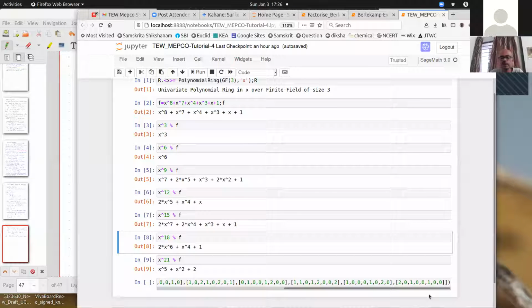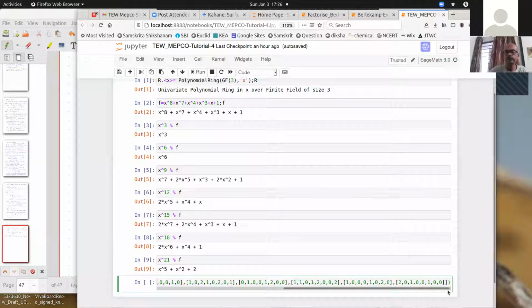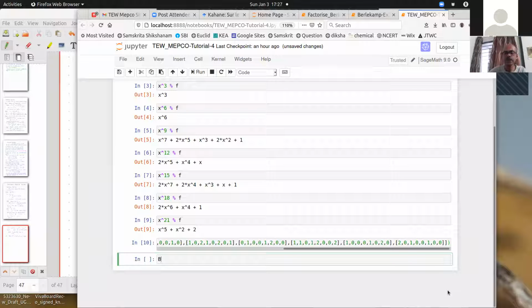So this is the matrix. Let me just write down the matrix. Let's see the matrix again in matrix form. Yeah, so it gives you the matrix.